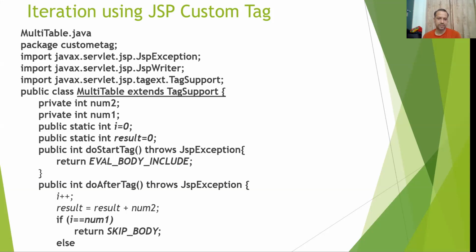Result equals result plus num1. Suppose I am going to multiply 3 into 5, which means I have to add 3 five times, or vice versa, I can add 5 three times. In the same way I have written the logic. Suppose num2 is 5 and the result is assigned 0.